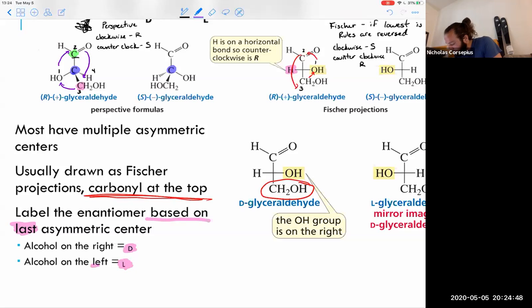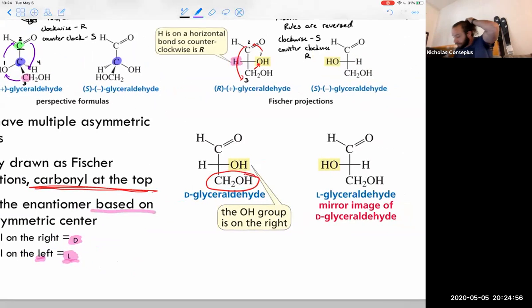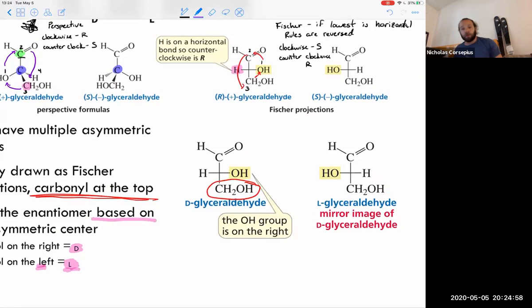Obviously, the easier one to remember is L is left. Having that simple connection in your mind helps. For glyceraldehyde, there is only that one asymmetric center, so there are only 2 possible configurations for a 3-carbon aldose: D-glyceraldehyde or L.